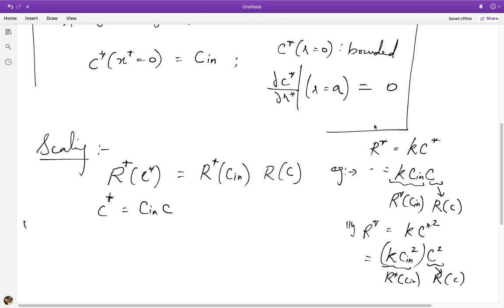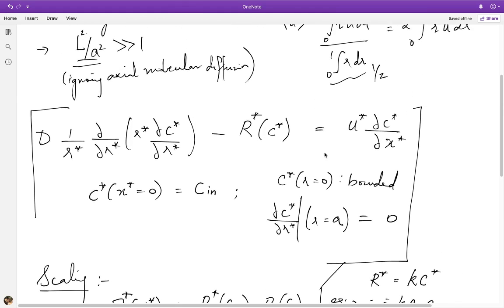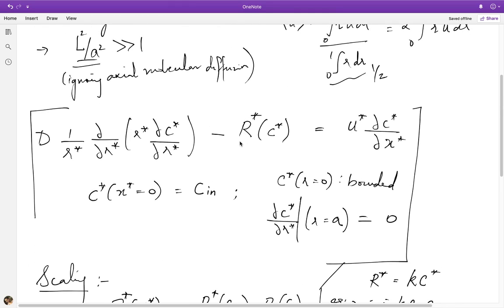Okay, so you can see how this can be done for any arbitrary reaction rate kinetics, and you can write it in the following form. So you can non-dimensionalize without knowing the exact order of the reaction, provided of course it's only a function of C. So we are able to continue with the derivation without at this point having to specify whether the reaction is first or second order or some other order.